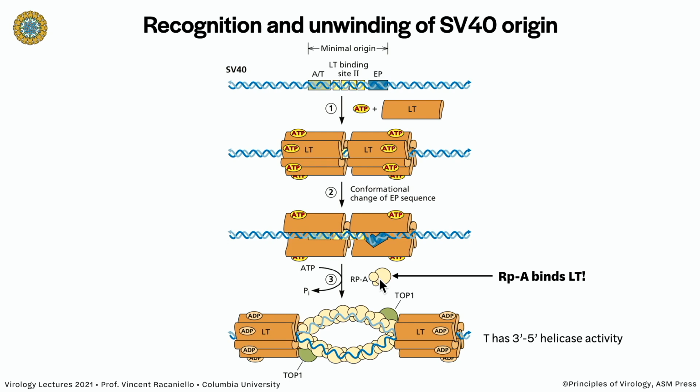And if this SV40 DNA just went in the nucleus and sat there, it would never be seen by the host apparatus because it would be one or a few molecules among many, many host DNAs. So the solution is to have a protein that will bind the viral DNA and recruit cellular proteins, which will enhance its chances of being reproduced.